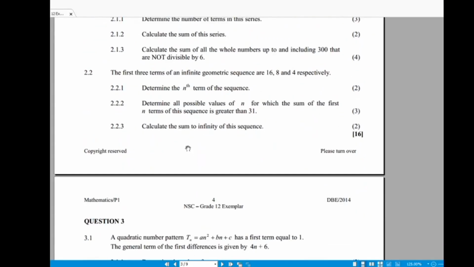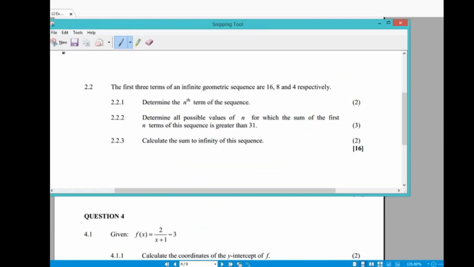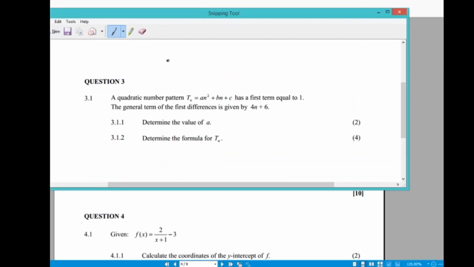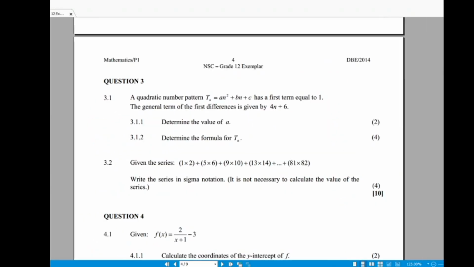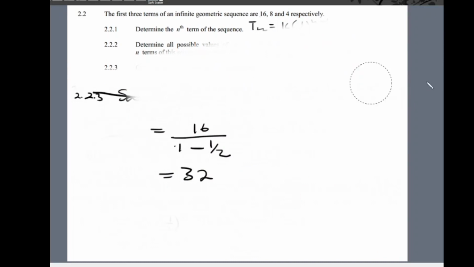Let us now move on to question 3. Right, the first part of question 3. Okay, let's create space for question 3.